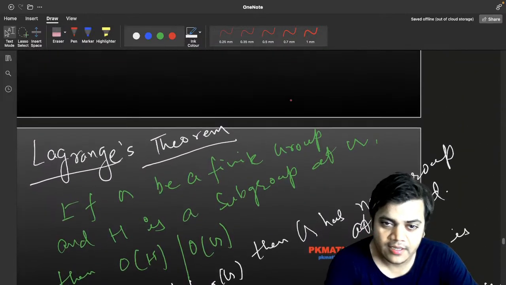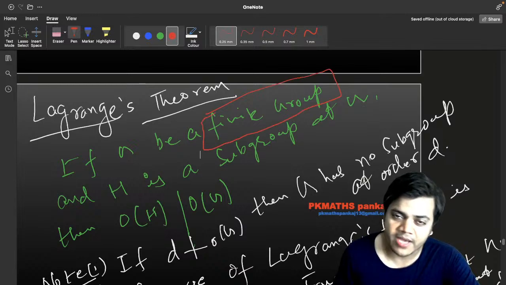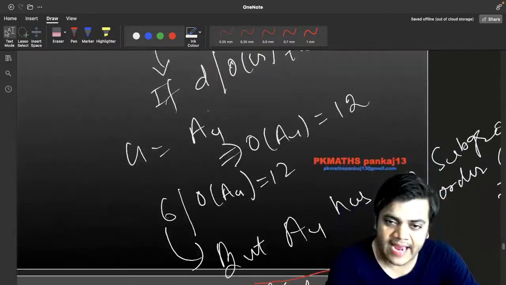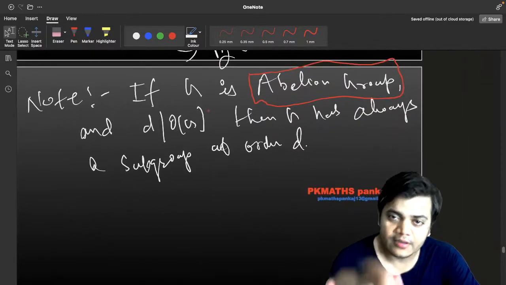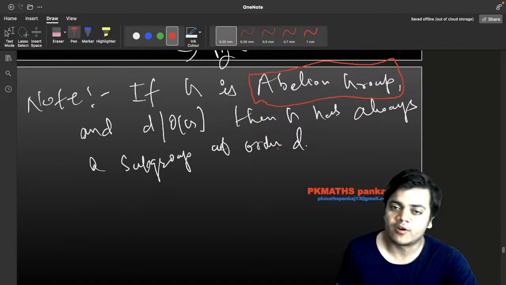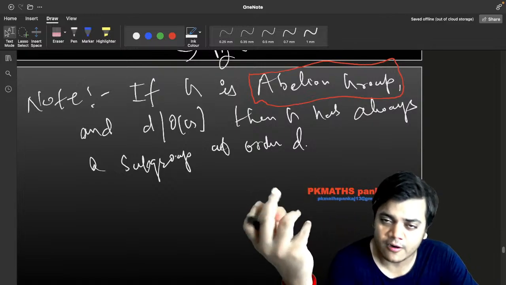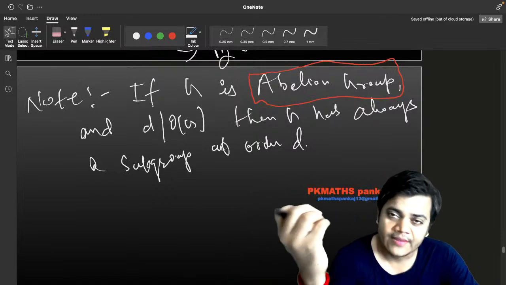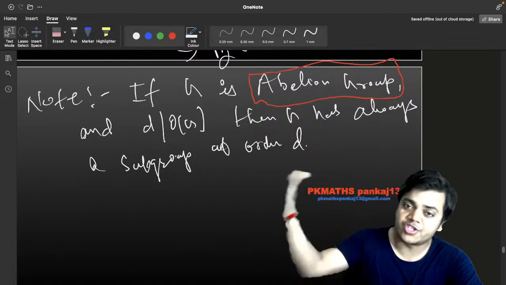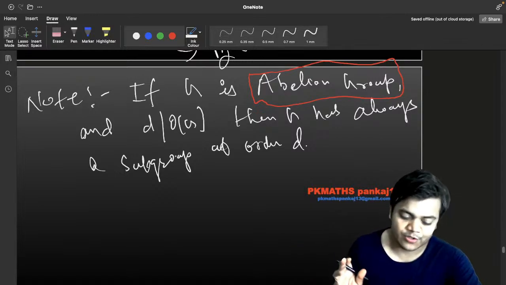I would also like to say that when we start the discussion of Sylow's theorem, you will be able to see the partial converse of Lagrange's theorem, because when we add some condition, the converse part becomes true.